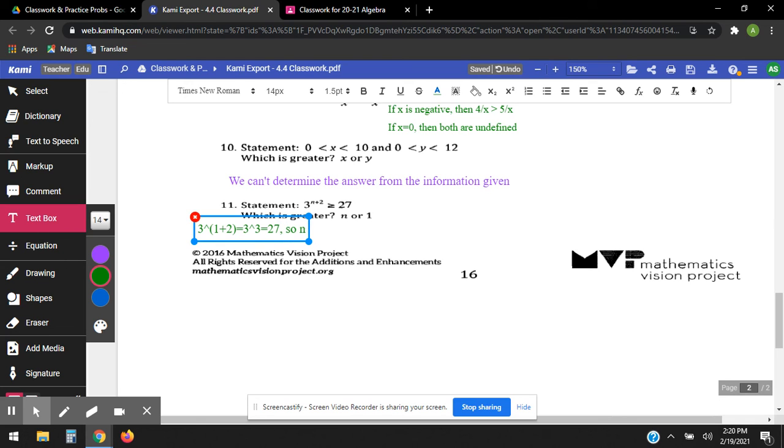So n has to be greater than or equal to 1 for this to be true. So if there's a 1 in there, they're equal. If we want this side to be bigger overall, it's got to be 1 or bigger.